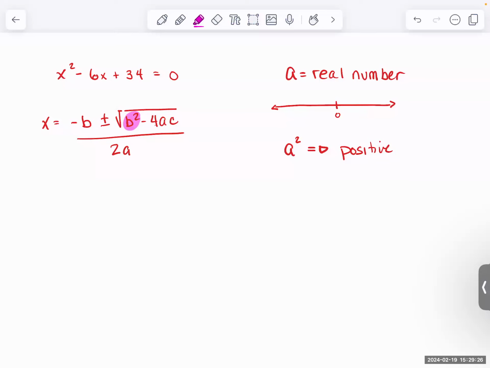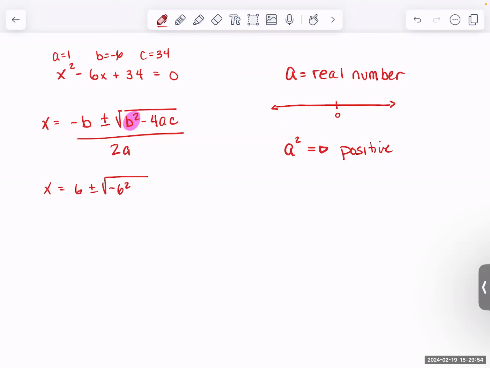And what I see is something like this. I'll change back to the pen. A is 1. B is negative 6. The sign always goes with the coefficient, and C is 34. So what I see is this would be 6 plus or minus, and then I see this.